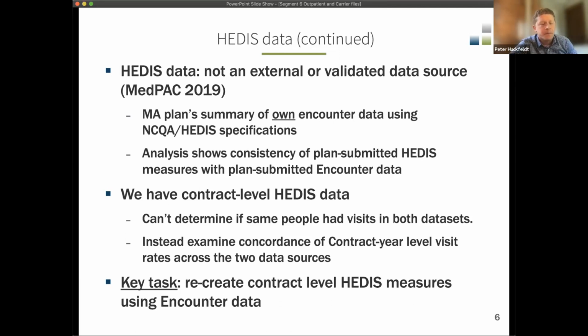So the key task in this analysis is to recreate the contract level HEDIS measures using the encounter data. And so that's what I'm going to describe in some detail now.